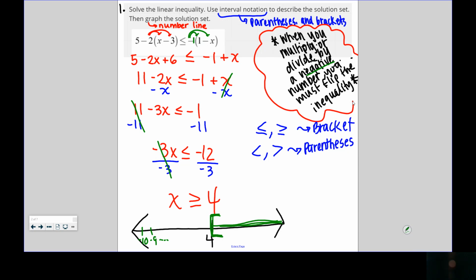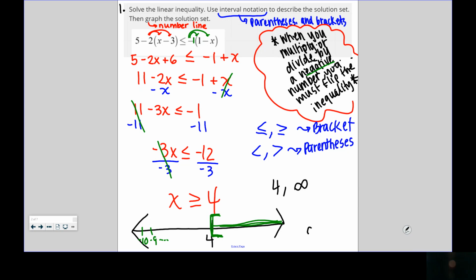Now we can go ahead and describe this number line using interval notation, parentheses and brackets. All right, so we already know there's nothing shaded here. It starts off right here at 4. And it's shaded all the way till what's the biggest number out here? Infinity, yeah.